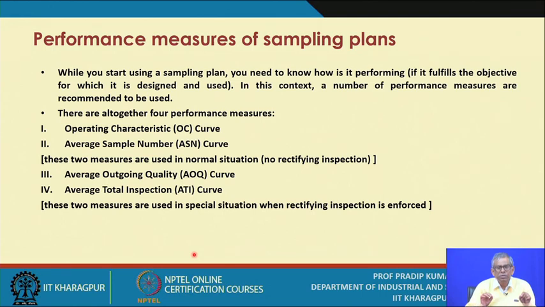So I just conclude these lecture sessions by referring to 4 types of performance measures. Operating characteristic curves and average sample number curves: these 2 performance measures you use when there is no rectifying inspection. We have already explained what rectifying inspection is. Whereas when rectifying inspection is enforced, these 2 performance measures you opt for: the average outgoing quality curve that you have to construct, and similarly the average total inspection curve. So these 2 measures are used in special situations where rectifying inspection is enforced.